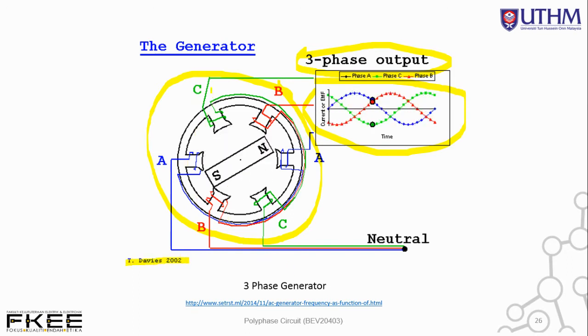So all the coils, all the windings, you can clearly see represented in blue color, red color and green color, or the notation A, notation B, as well as C. All right. So at the end of the coils is one single joint over here. So this is the neutral point.